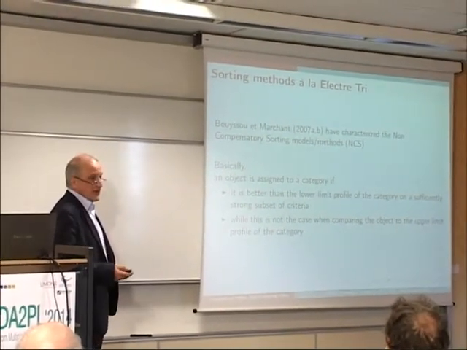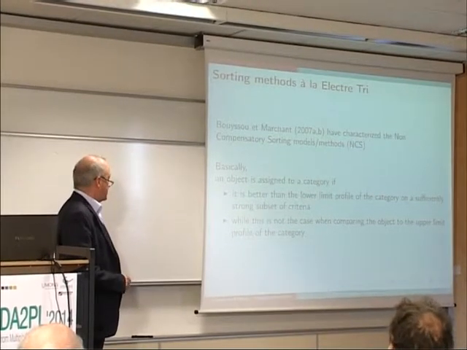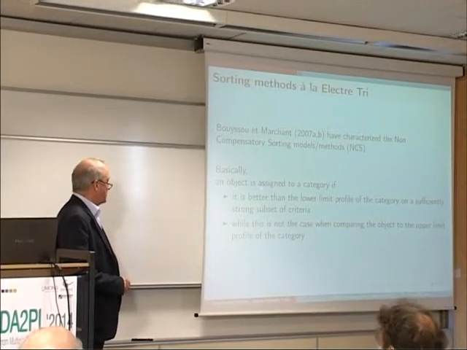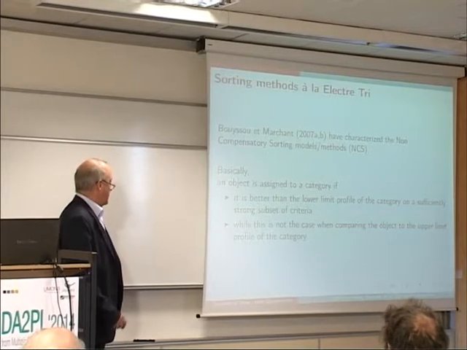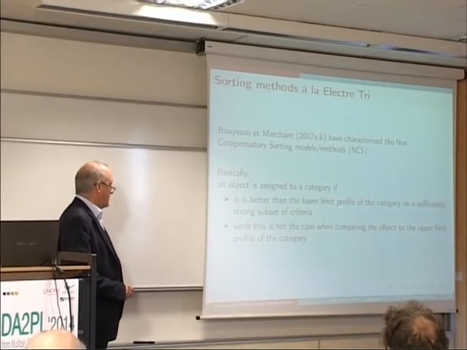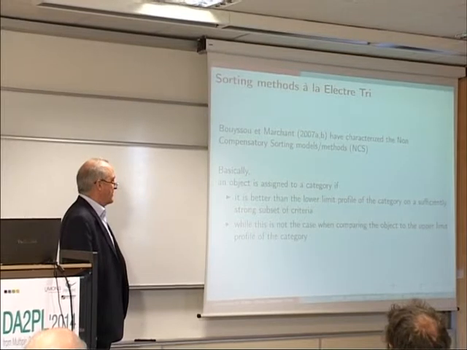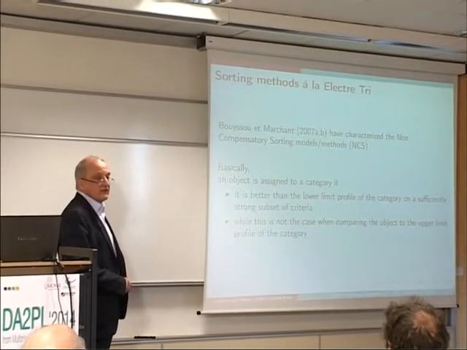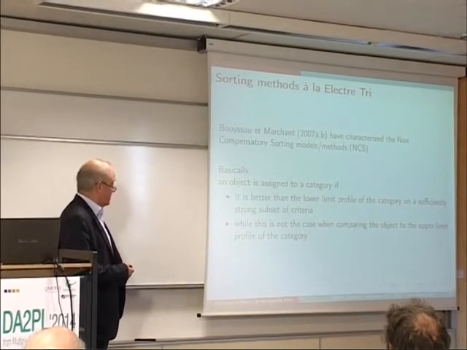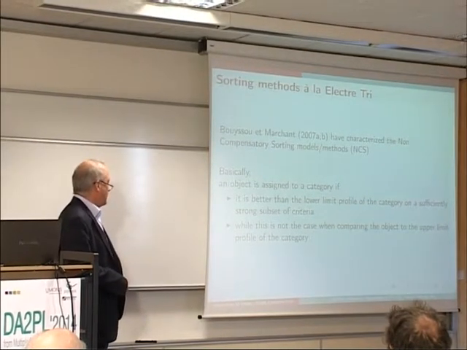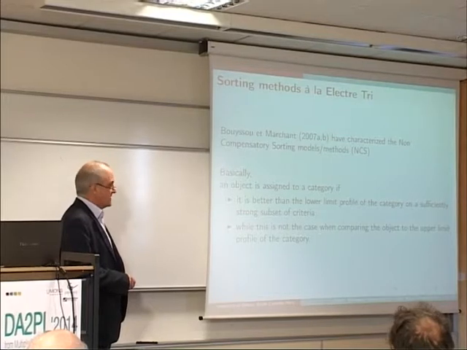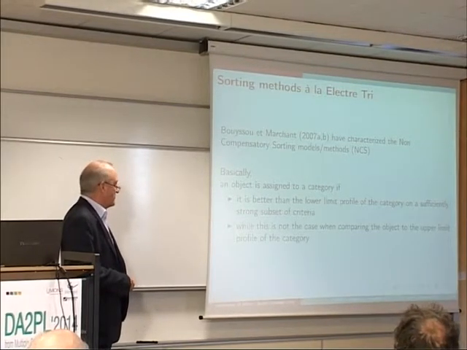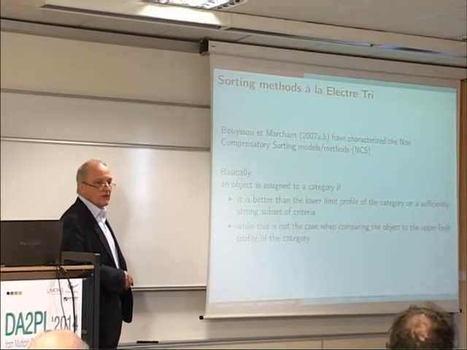So basically, the idea of such models is to assign an object to a category if the object is better than the lower limit profile of the category on a sufficiently strong subset of criteria, a sufficiently strong coalition of criteria. And this is not the case when comparing the object to the upper limit profile of the category.